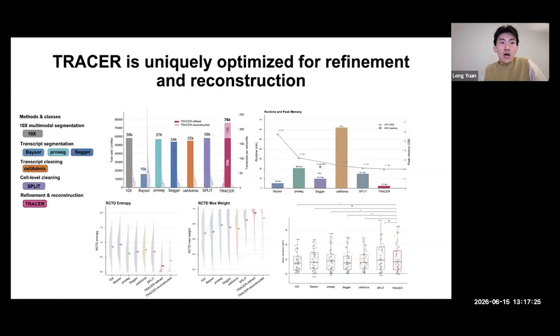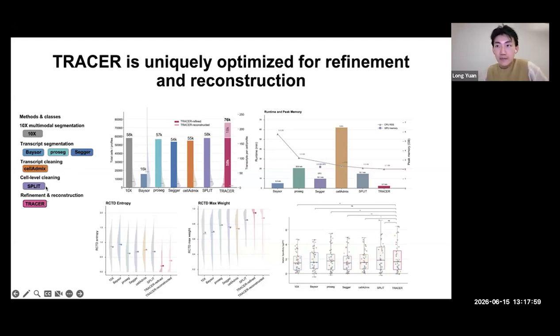So we next benchmark the segmentation mode using a non-small cell lung cancer small Xenium sample against several recent approaches. It's worth mentioning that these methods are not all designed for the same purpose. For example, Baysor, ProSeg, and Sargent are transcript segmentation methods, relying on either probabilistic models or deep learning, graph neural networks.